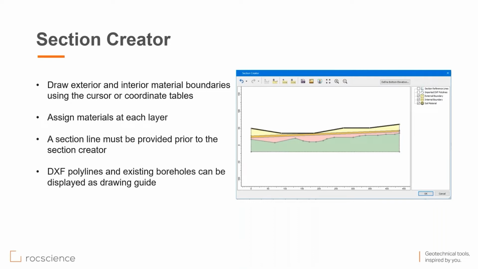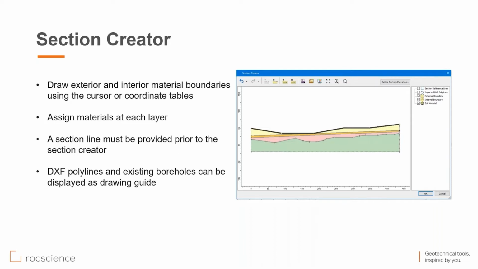Then, using some predefined materials to fill the layers, it becomes a formal section that represents the soil stratigraphy over the entire modeling region. This section profile will be applied at the location of a straight section line, which must be provided prior to using the section creator. I will show you the entire process in the demo later.